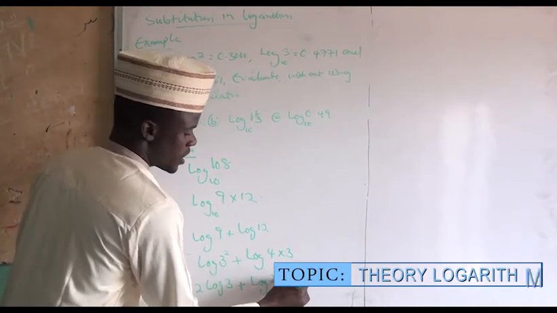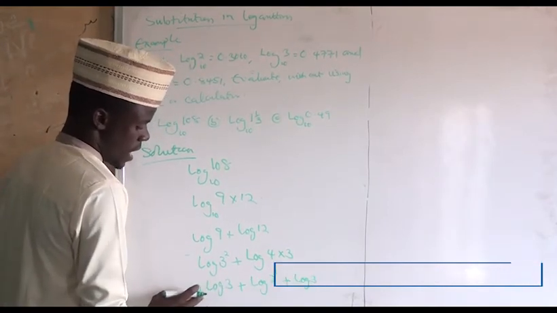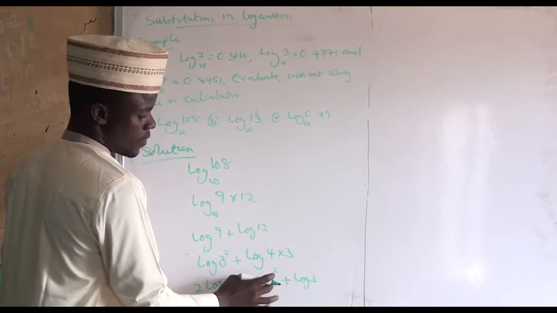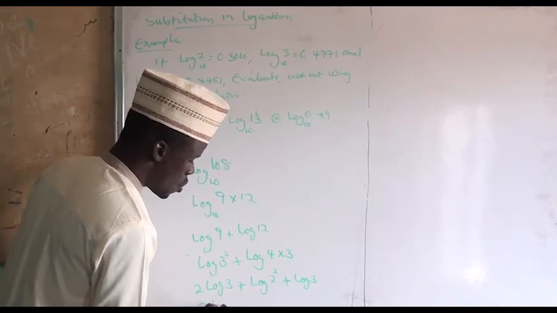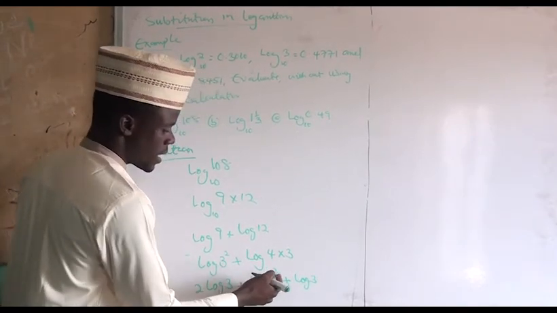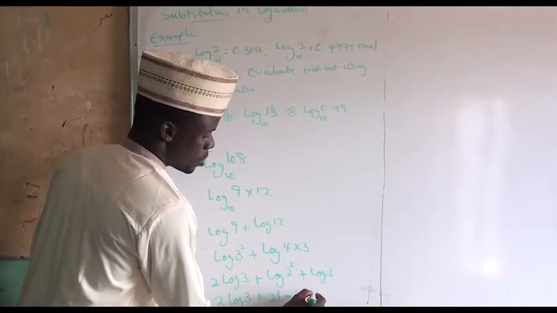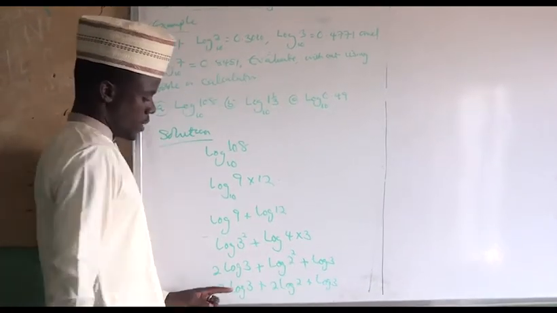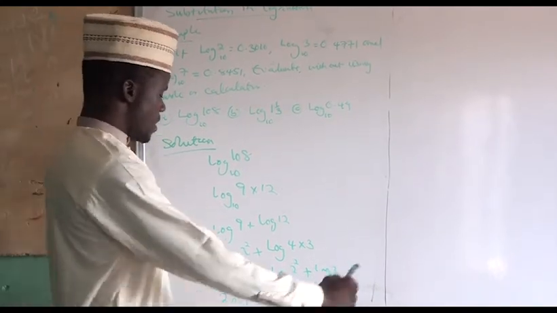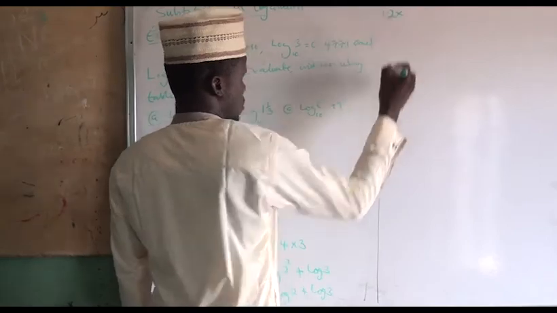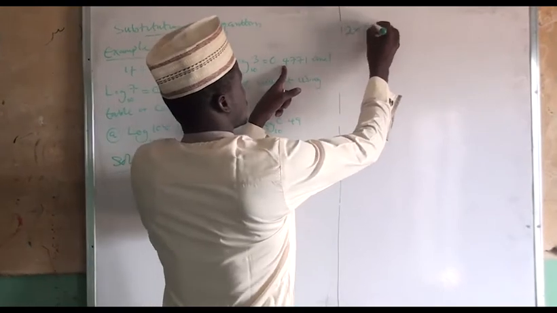Plus, because here is multiplication, then we say plus log 3. So here we have 2 log 3 plus 2 log 2 plus log 3. So here we come to say 2 times. We already have log 3. And log 3 we know that is 0.4771.